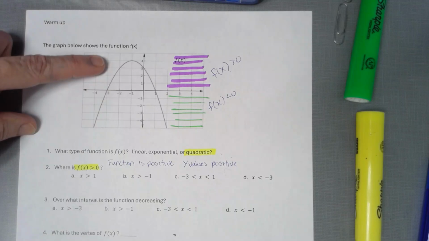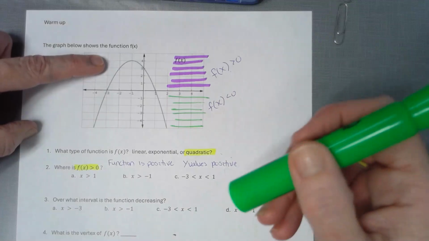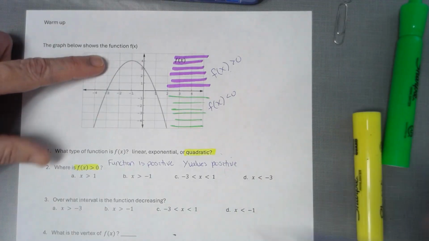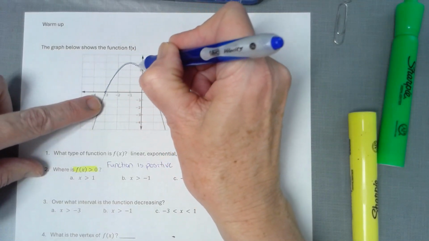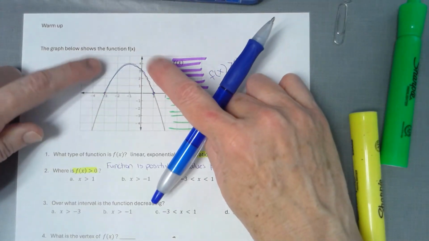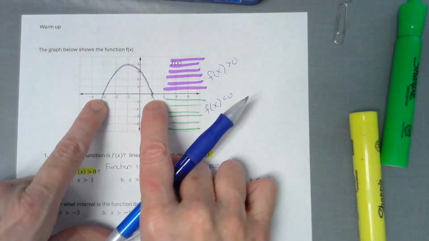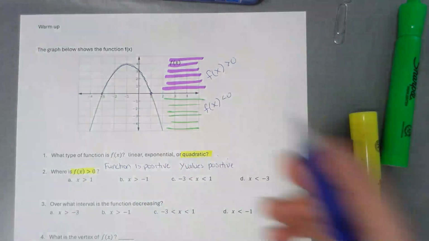Bentley, what you think? I like that you're marking it, but I need for you to look. From here to here, that's where the curve is above the x-axis. Well, how do I say that? In between -3 and 1. So that answers C.